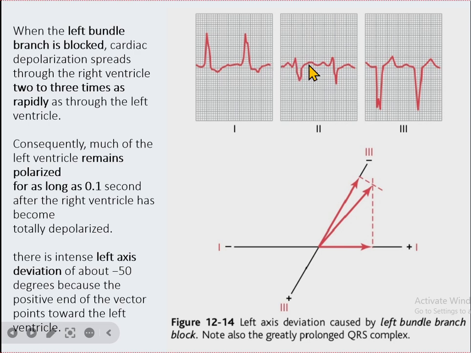The T waves will also be affected. Why? Repolarization of the heart will not take place at the same time. The right ventricle will repolarize first, followed by the left ventricle. That is why the two waves also become blunt.